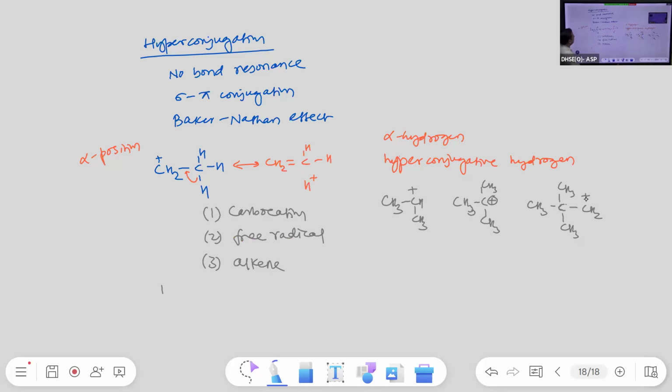The question is written in front of you. Note the structure, then write the number of hyperconjugated hydrogen.